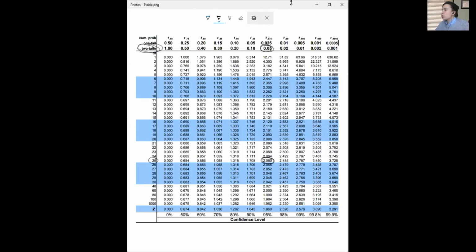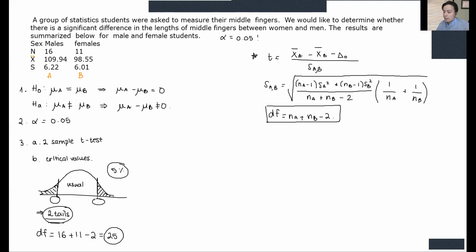So that means that I get 2.060, and I can go back now to my problem with that value. So I have 2.060 here, but I also have negative 2.060, right? This was a two-tailed test, which means that my result can be considered extreme if the difference is either very large or very large and negative. So that means it's larger than 2.060, or smaller than negative 2.060. Okay?